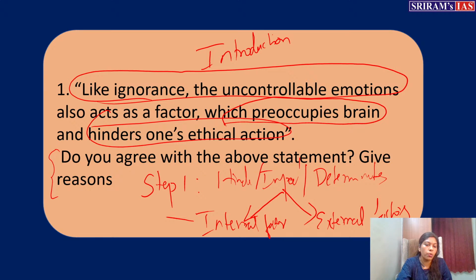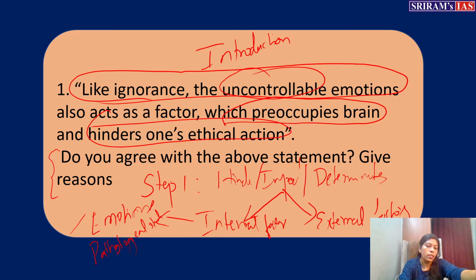For internal factors you can write emotions, uncontrollable. Mention uncontrollable, because emotion is there for everyone. Uncontrollable emotions, pathological state, when you are not normal, habits, like this you can write.